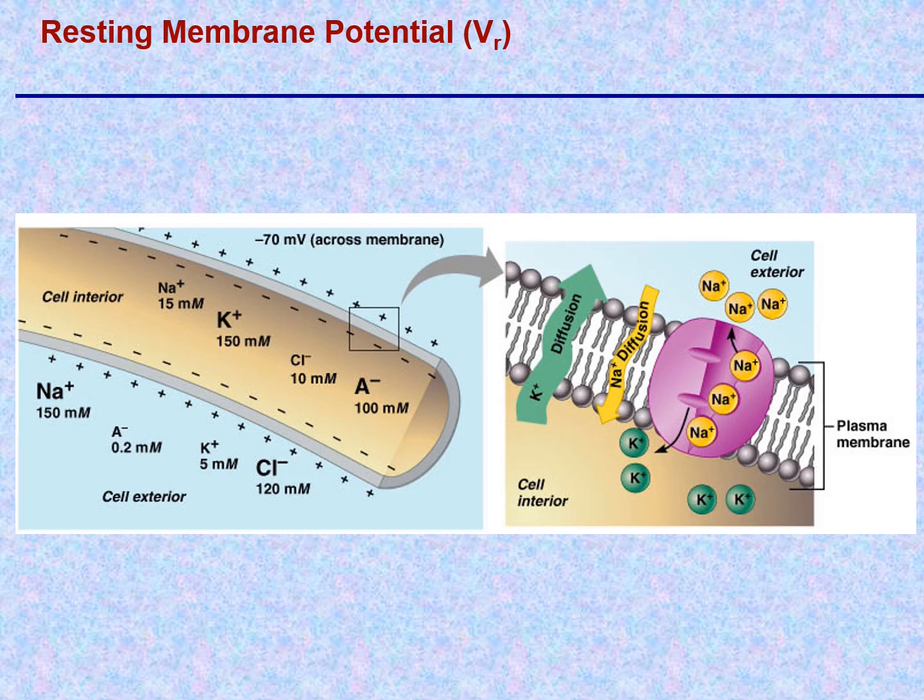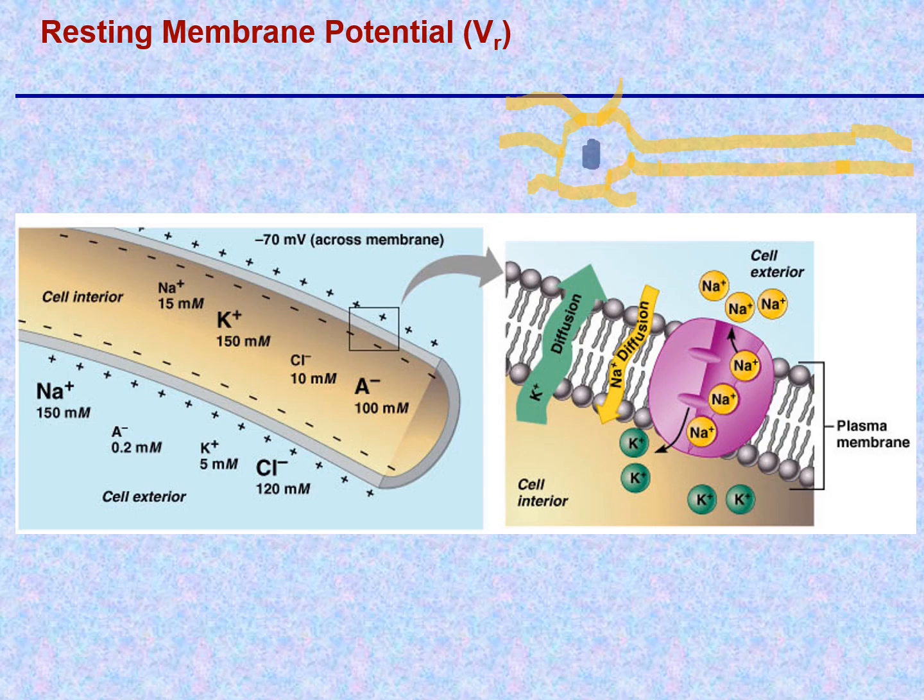There are many types and many shapes, but I'm just going to give you a general idea of a neuron. It's a cell with many projections from it that can receive impulses from other cells, but it will also have one long extension, which could be extremely long, and that extension is the axon.